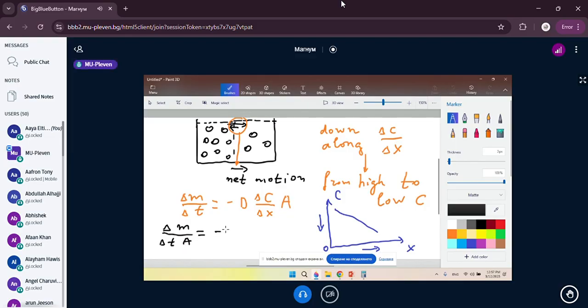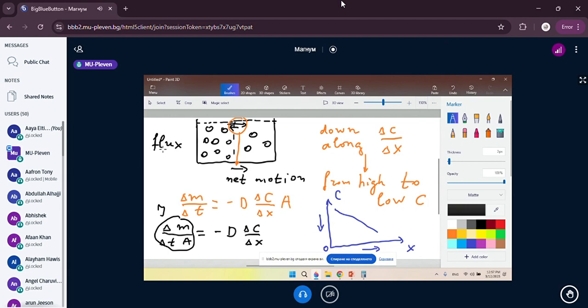So let us write it. Mass being transferred per unit time, per unit area. This is called flux. Since we may have different fluxes, I'm writing here the flux of matter.